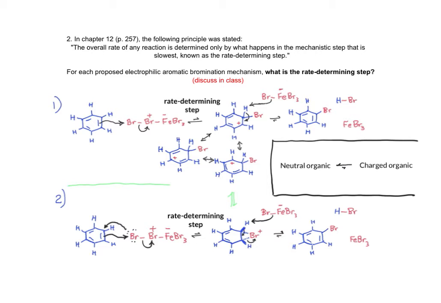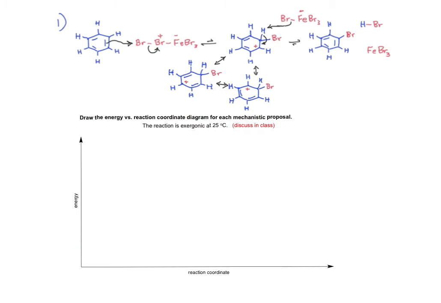We'll now draw a free energy versus reaction coordinate diagram for both of these mechanistic claims. So here is the first claim. By the way, the reaction is exergonic, and in class I'll want to discuss how do we know that.